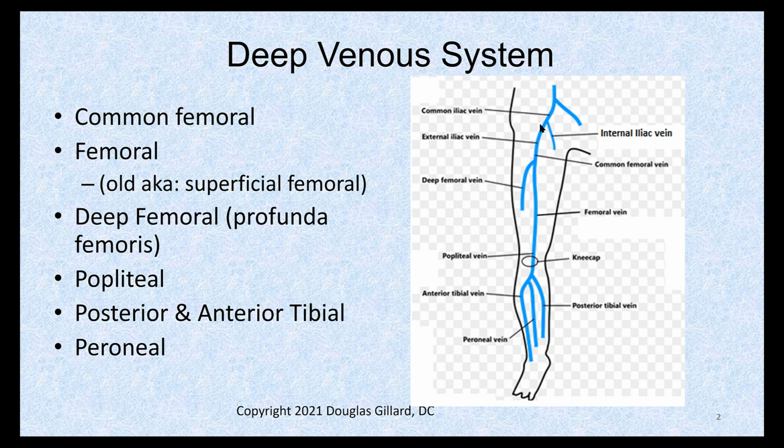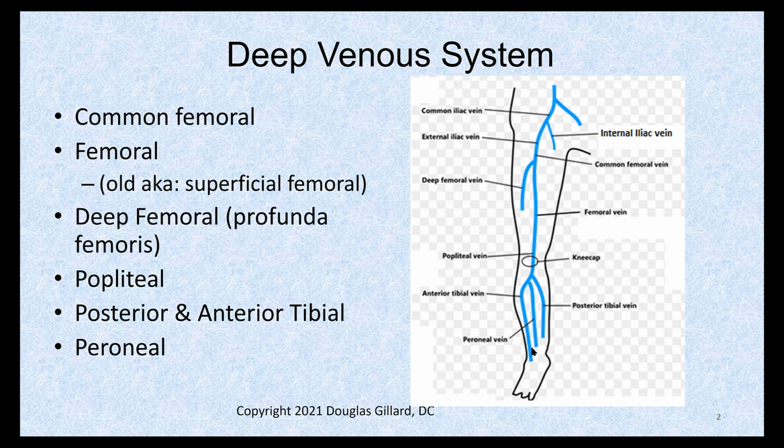That's because the superficial system, like the greater saphenous, their job is to dump blood into the deep system. Some blood can escape out through them, but maybe 10%, maybe 15%. All right, so the femoral vein converts into the popliteal vein and popliteal artery. That splits into the anterior tibial vein, peroneal vein, and posterior tibial vein.